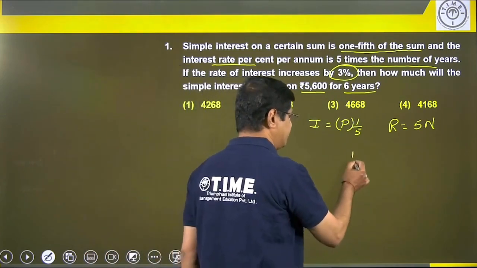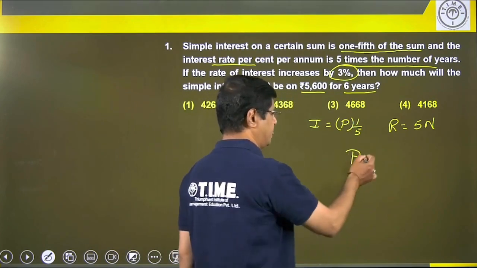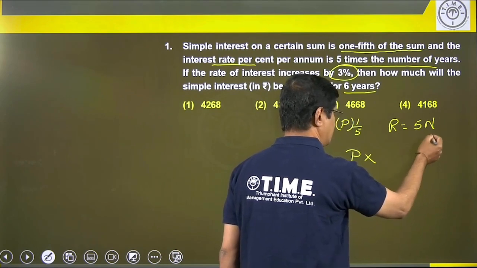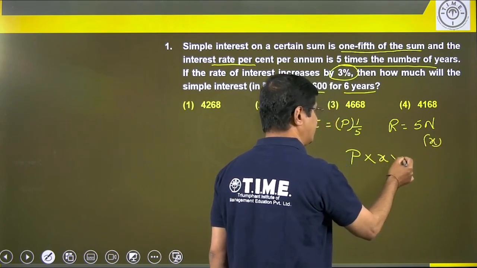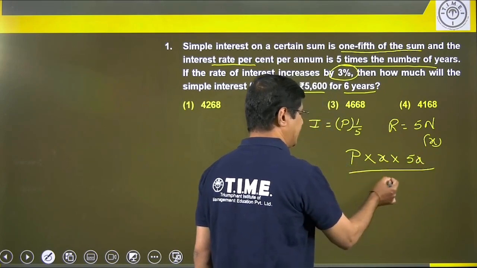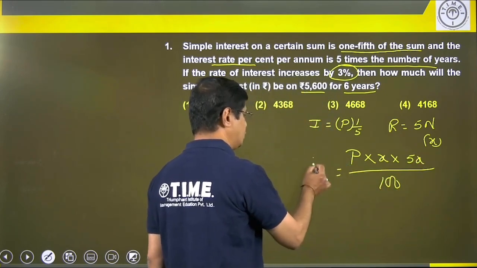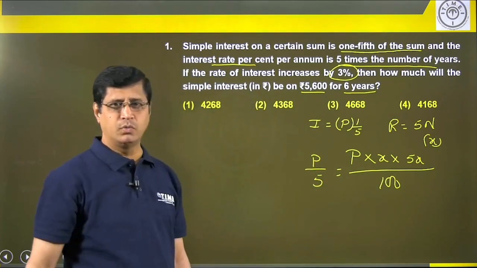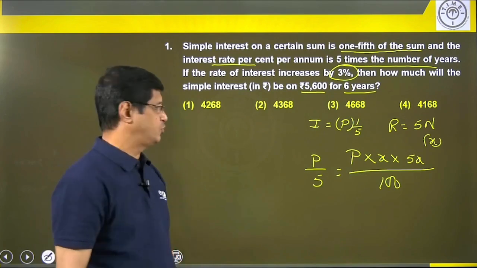I am taking P as the principal and N as X. When N is equal to X, R is equal to 5X by 100. The interest is equal to P by 5, 1/5 of the principal.